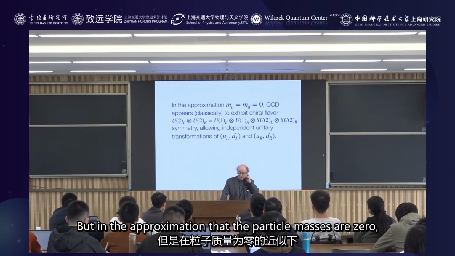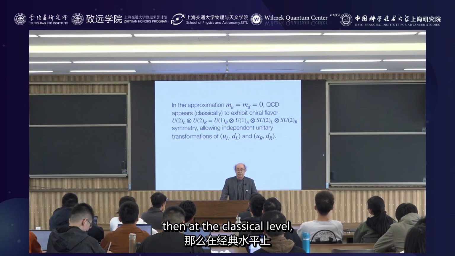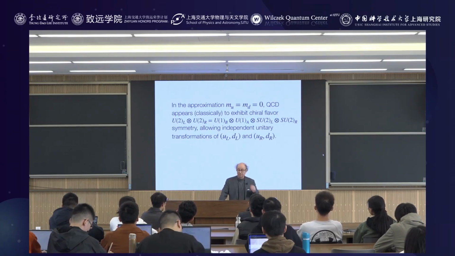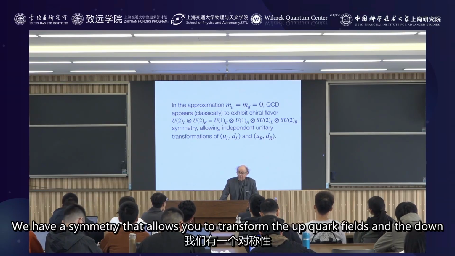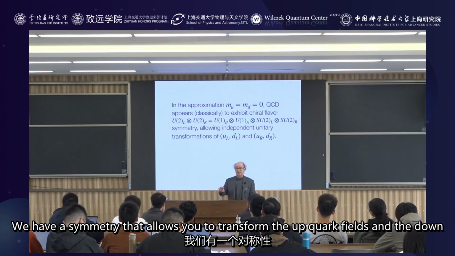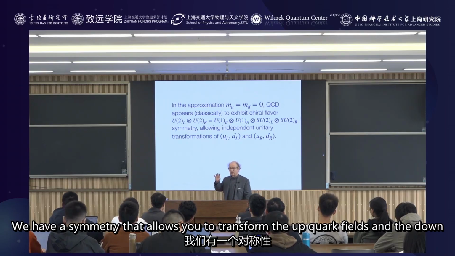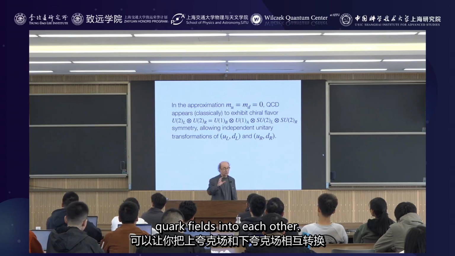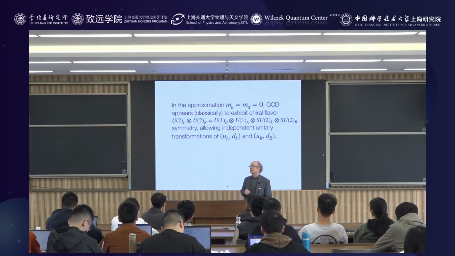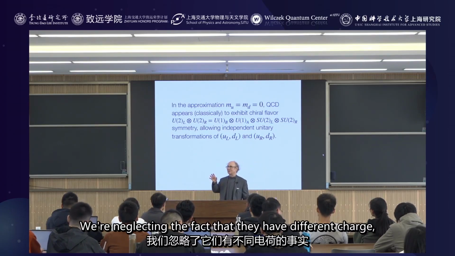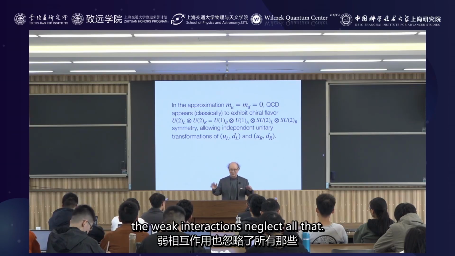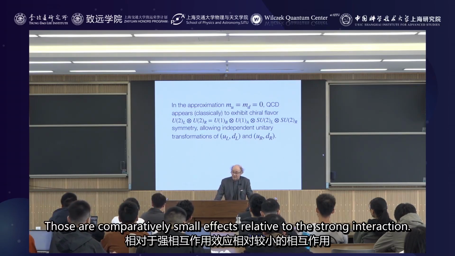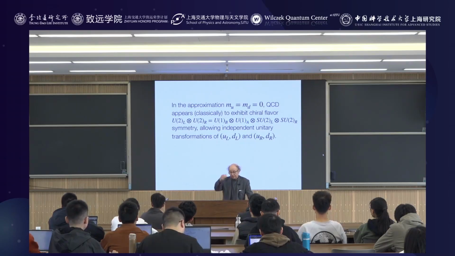But in the approximation that the quark masses are 0, then at the classical level, if you just look at the Lagrangian, we have a symmetry that allows you to transform the up quark fields and the down quark fields into each other. We're neglecting the fact that they have different electric charge because it's just QCD. We're neglecting also the weak interactions. Those are comparatively small effects relative to the strong interaction.